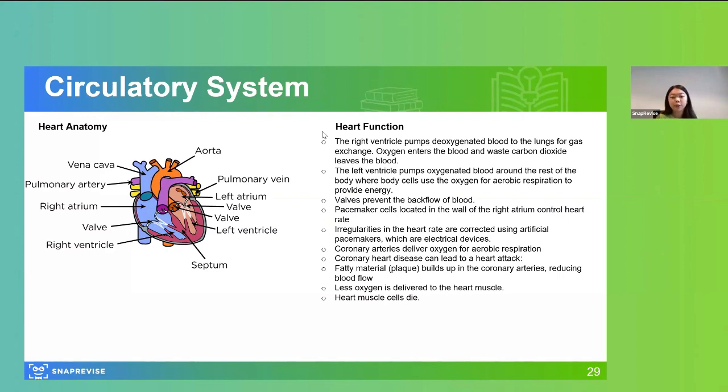Okay, how does aerobic respiration provide energy? We will go through respiration in a bit actually, but just to give you a very brief understanding of aerobic respiration: you take in oxygen and it reacts with glucose in your body, which is broken down.